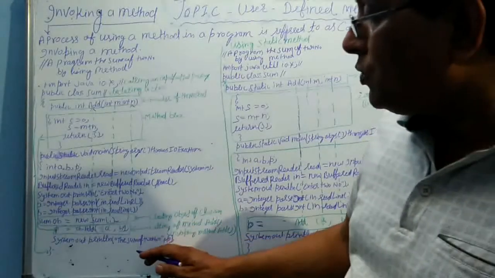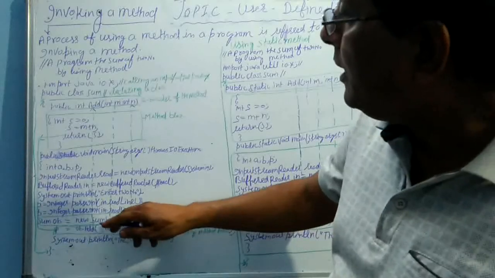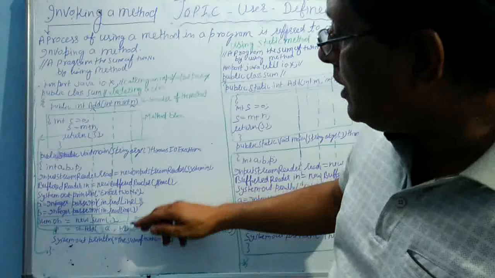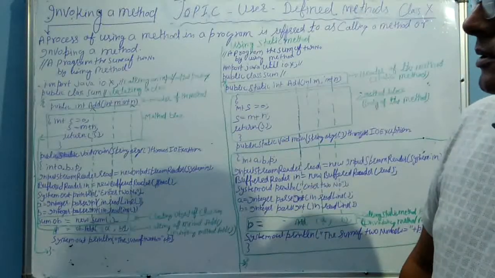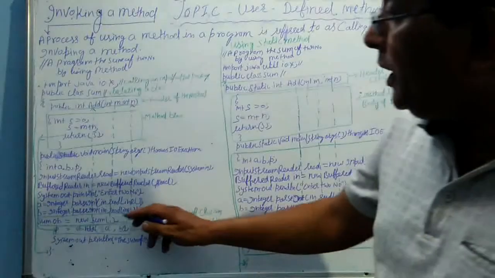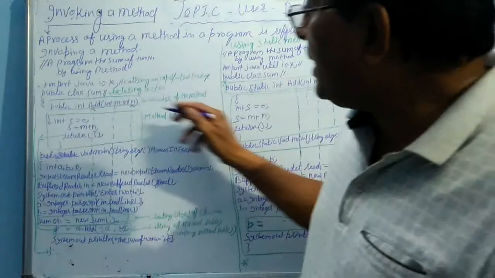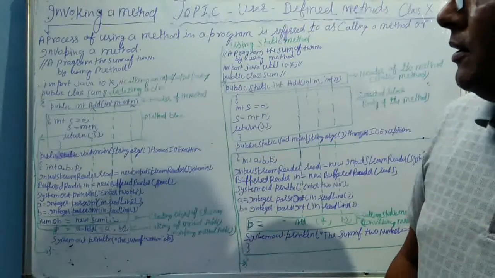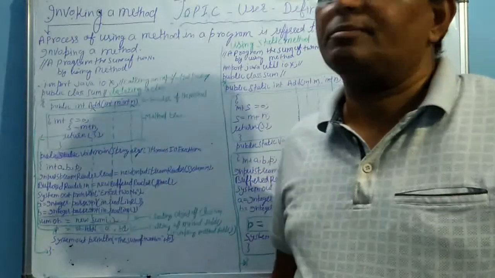These values will be transferred into m and n: the value of a will go to m, and the value of b will be n. After that it will use the method block.